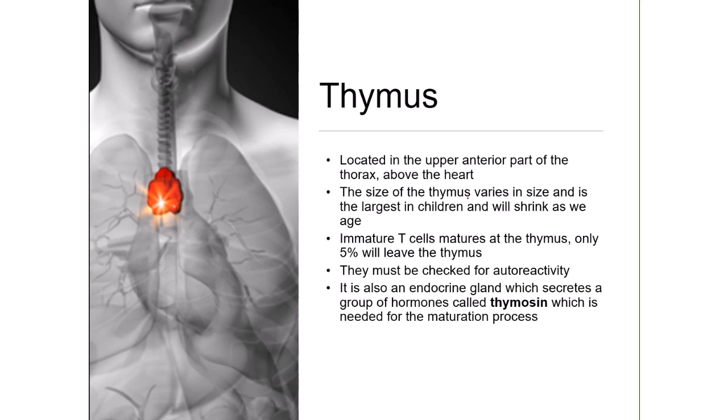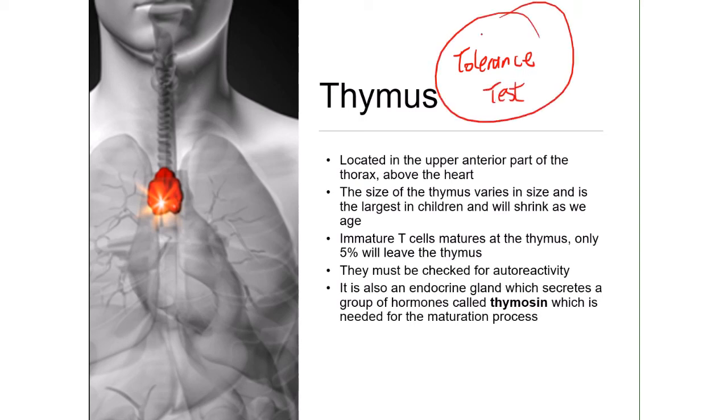Immature T cells move from the bone marrow to the thymus, where they continue to mature. Before they can come out, they have to do what's called a tolerance test. A tolerance test checks to see if the T cells are going to attack anything within the body.